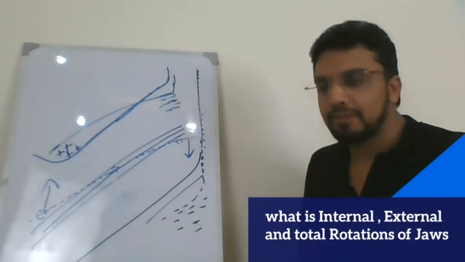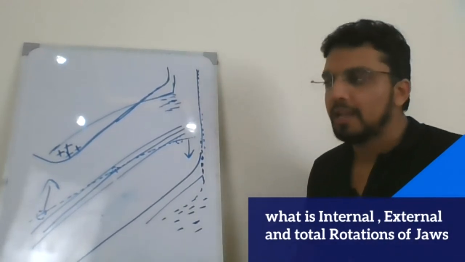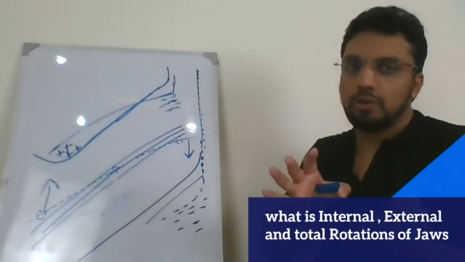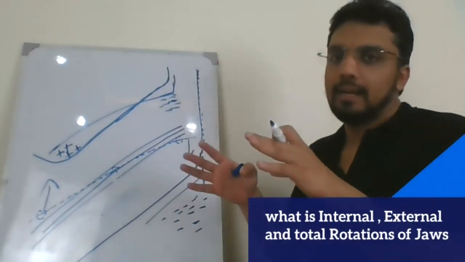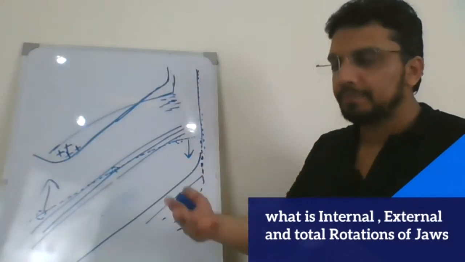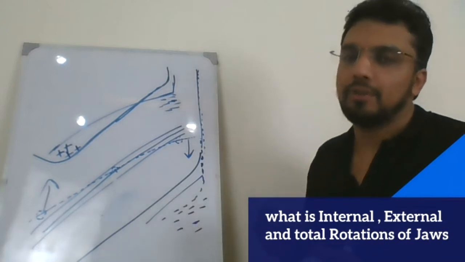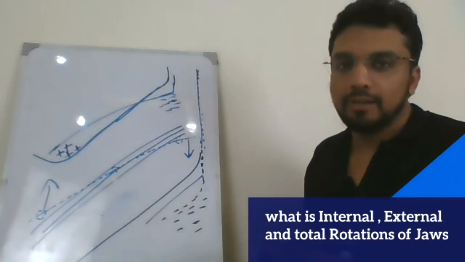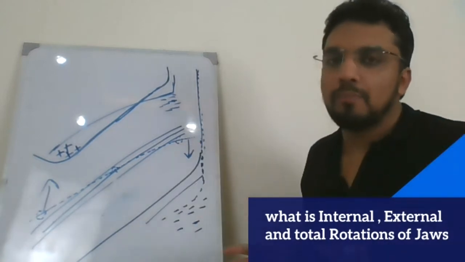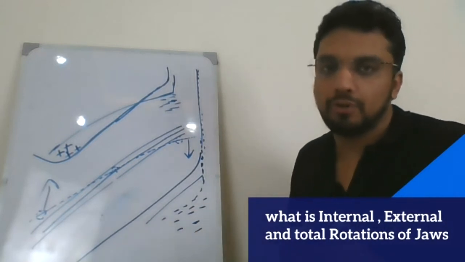A simple message is this: you have the internal rotation and you have the external rotation. So the total rotation is actually the total outcome after the cancellation or addition of the external rotation, the apparent form of the bone will be apparent as a total rotation of the jaw.